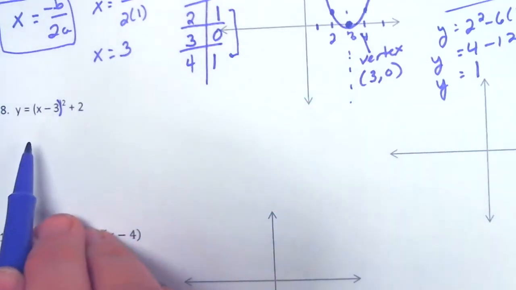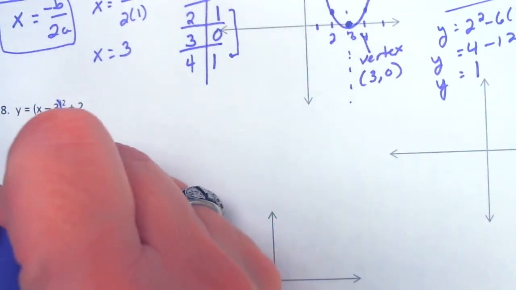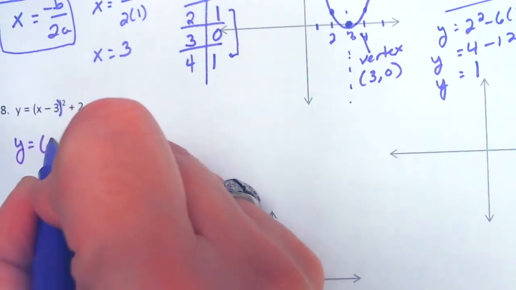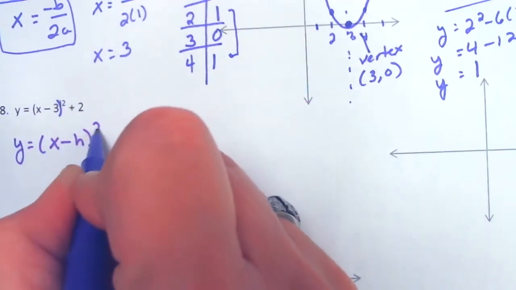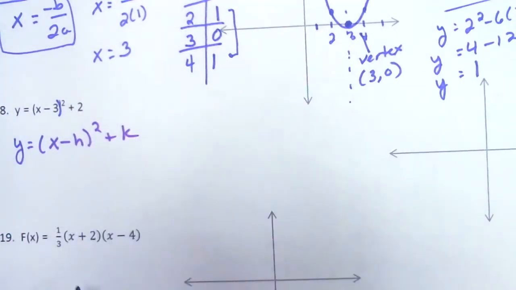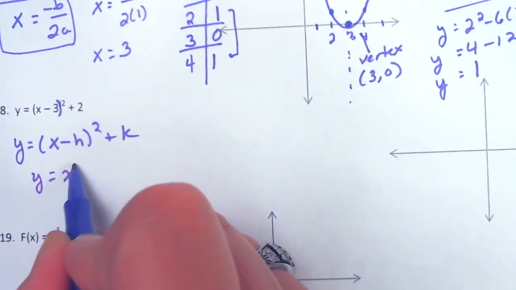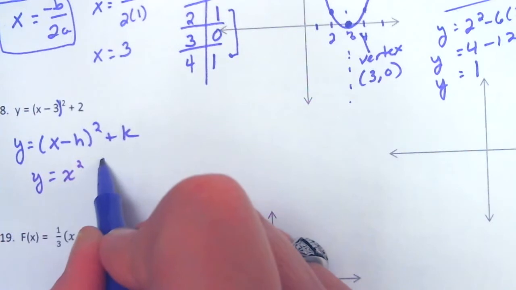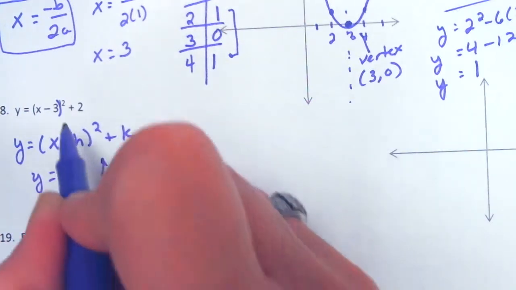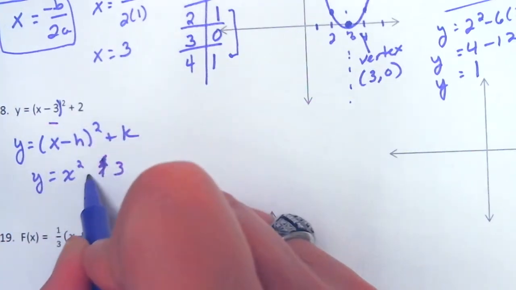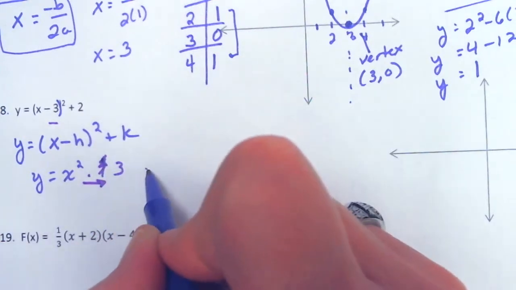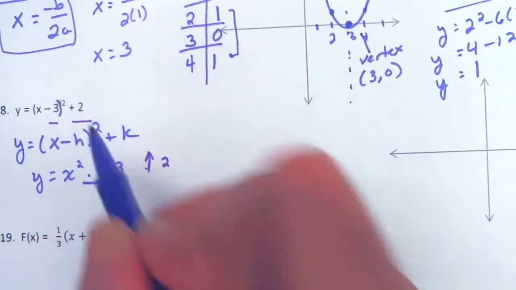Alright. This is in vertex form. y equals (x minus h) squared plus k, basically. So this is a shift of y equals x squared with a shift over of 3 and up of 2.